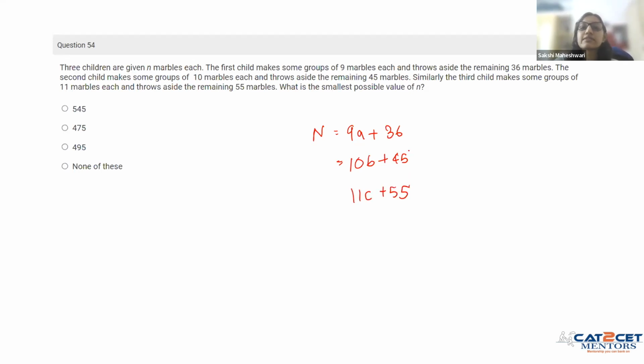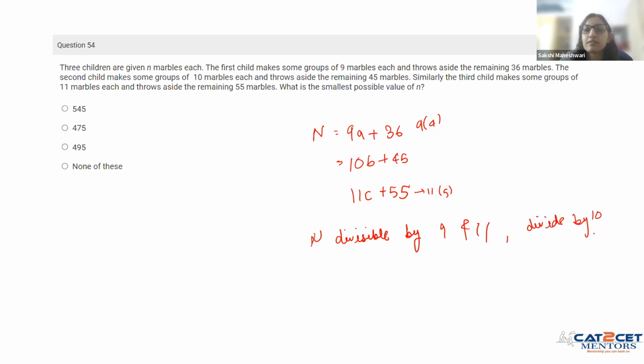So it is clear that n is divisible by 9 and 11, right? I can write this as 11 into 5, and this as 9 into 4. And if I divide it by 10, it gives me a remainder of 5.